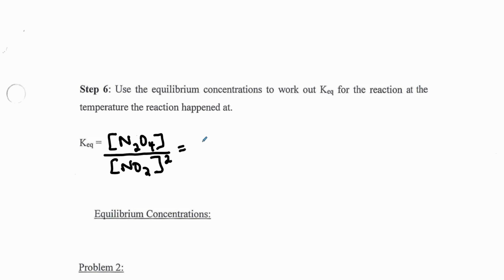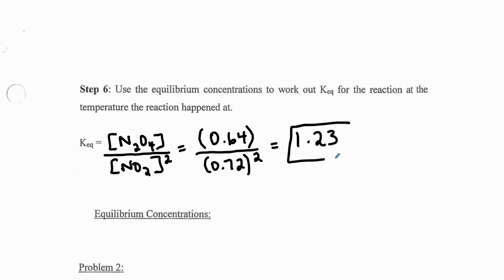Now I just simply plug in the equilibrium concentrations. This is the one I was told in the question, and this is the one I just figured out using the ICE table. After that, it's just some simple calculation to get to the answer of 1.23 for our value of KEQ.